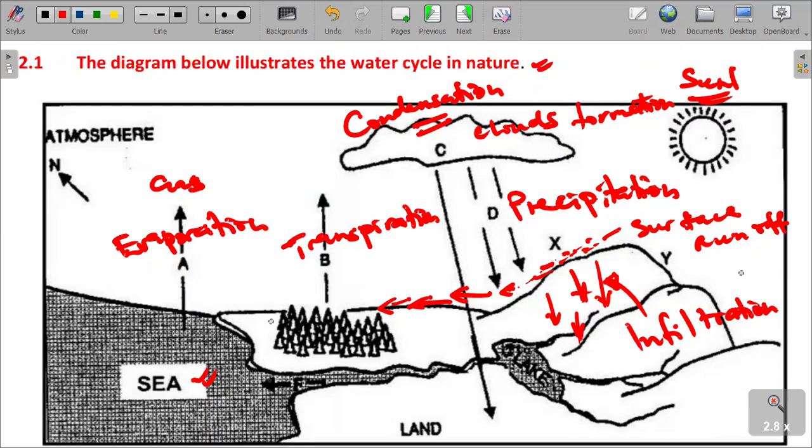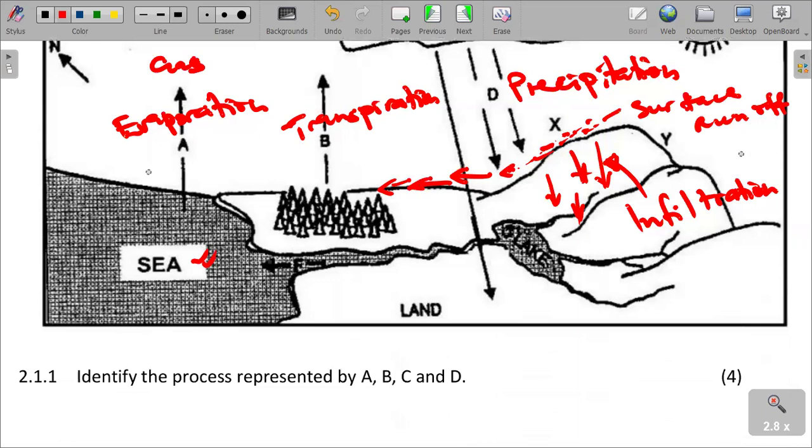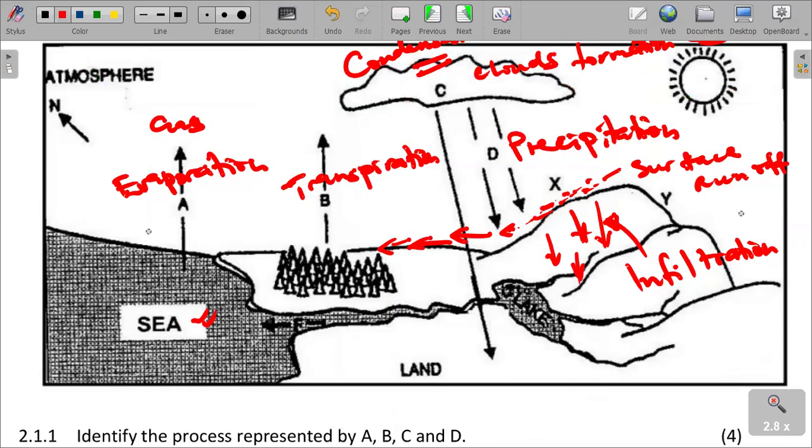It is the change of water into various states because of the hydrological processes involved. The water cycle stages turn water into various states. Therefore, we need to understand these, and we need to be able to name and explain them. That is A, B, C, D, the processes that are shown there.